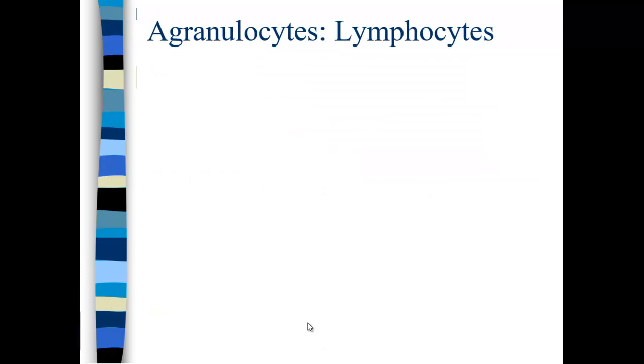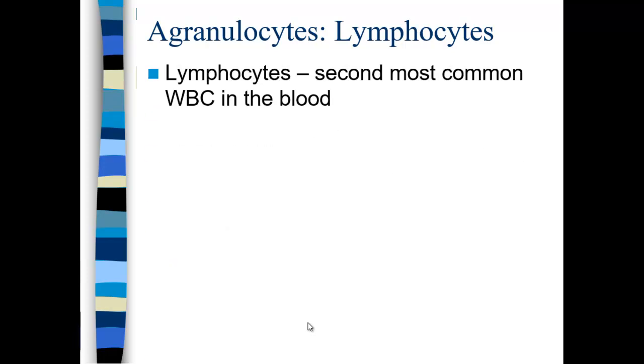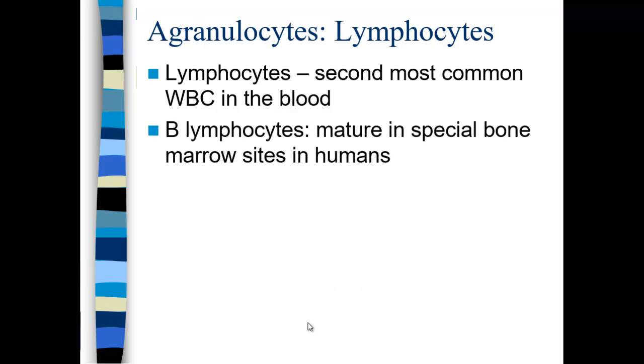Then agranulocytes include lymphocytes, and lymphocytes are the second most common type of white blood cell in the body, the first being neutrophils. There are B lymphocytes, and these mature in special bone marrow sites in humans.